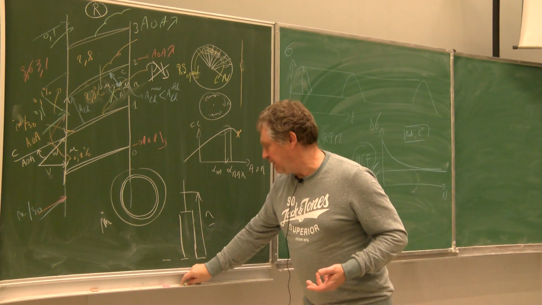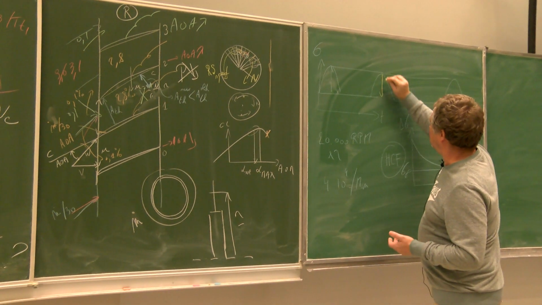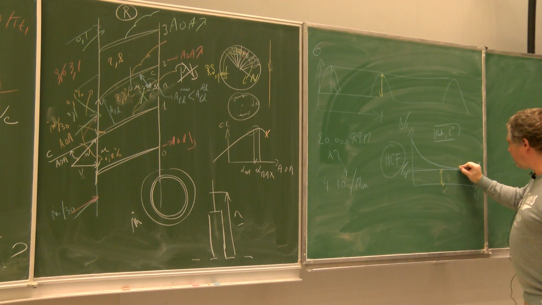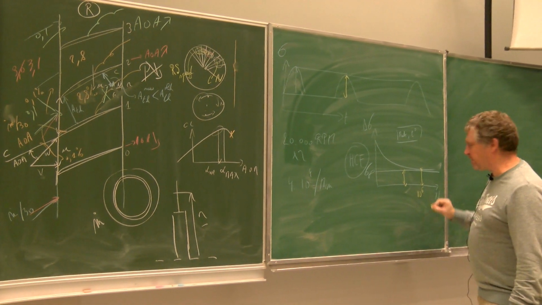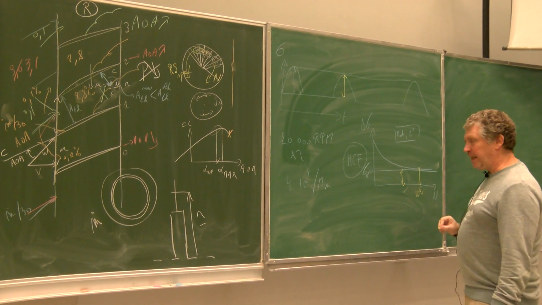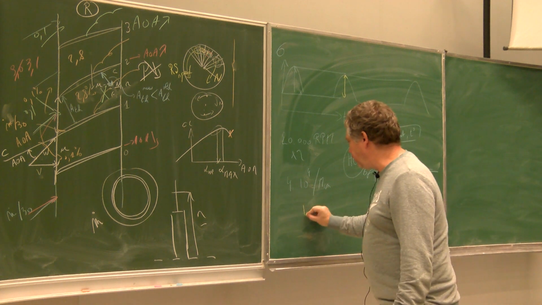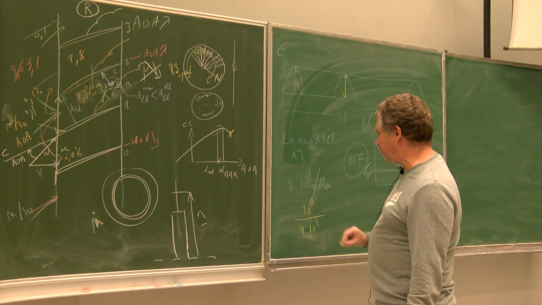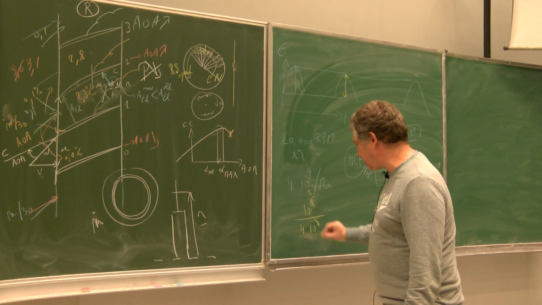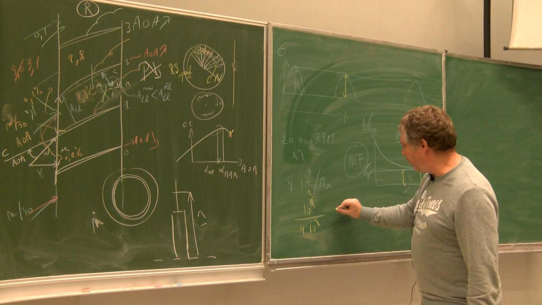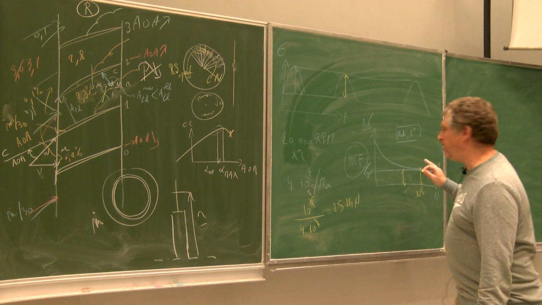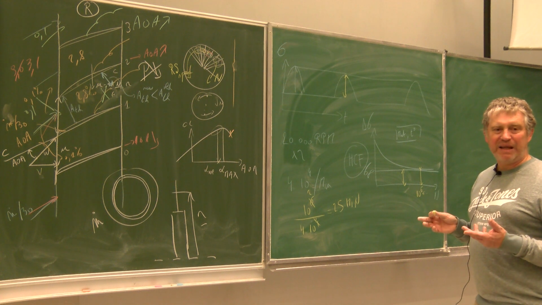If this delta sigma is larger than this one, you will come here. And maybe here, this is, let's say, 10 to the power 6 cycles. If you take 10 to the power 6 divided by 4 times 10 to the power 4, 100 divided by 4, this is 25 minutes. And in 25 minutes, you will break the blade.